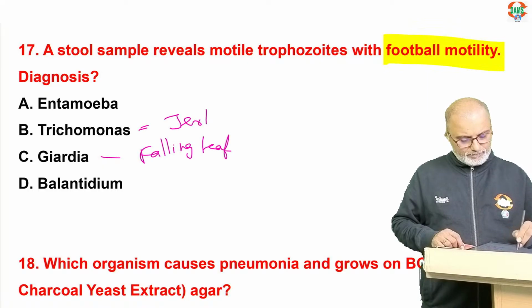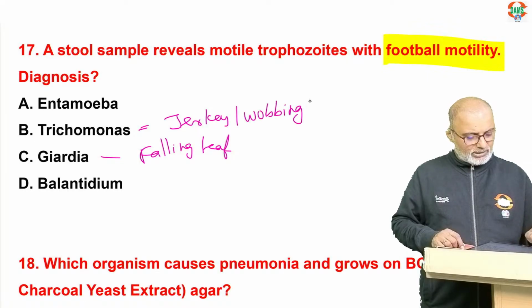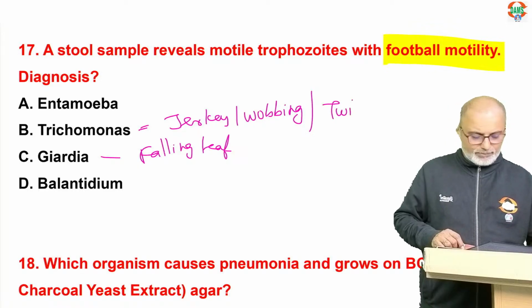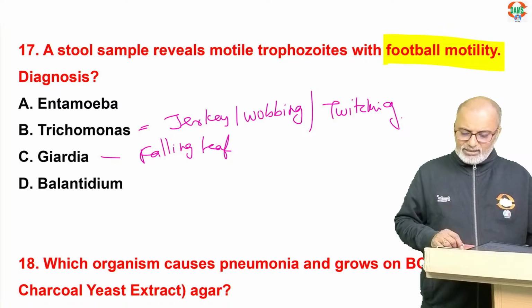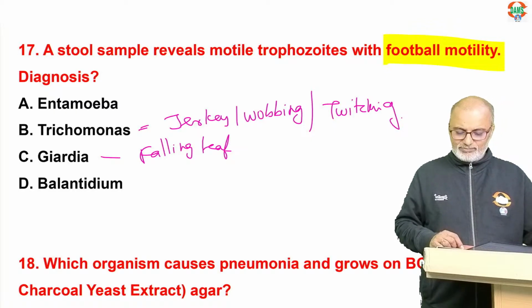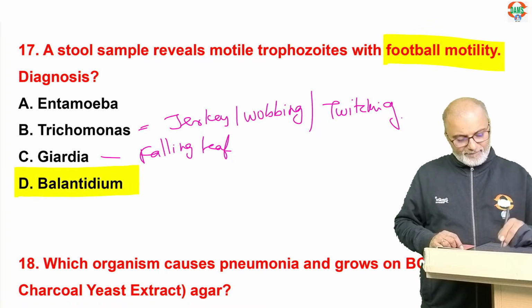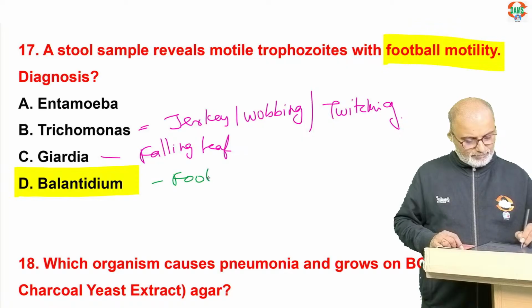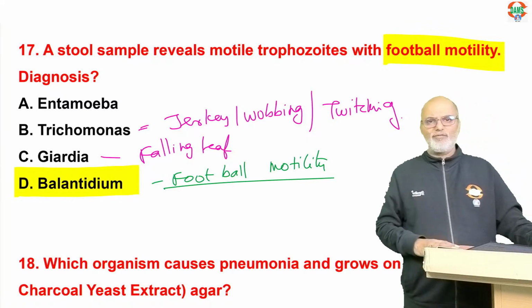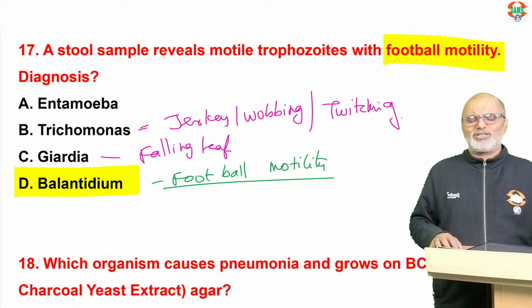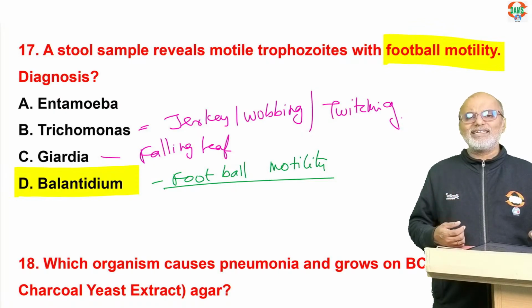Jerky, wobbling, or twitching motility is Balantidium coli. Football motility. Balantidium coli produces what? Bloody diarrhea, ciliate dysentery.